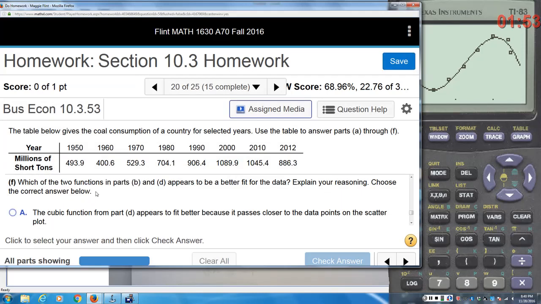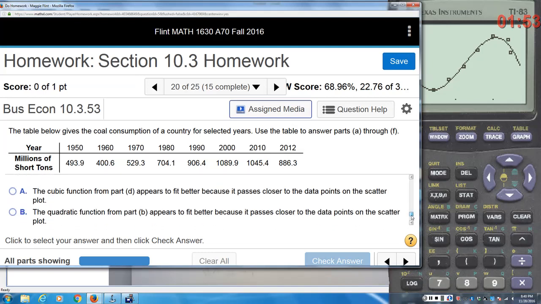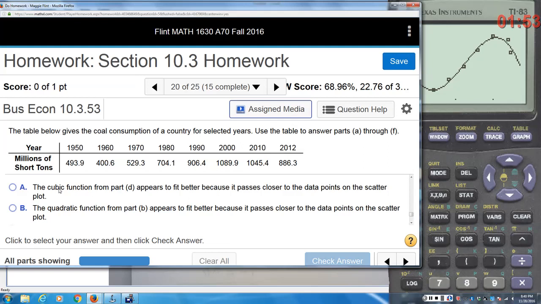And then it says, which of the two functions in parts B and D appears to be a better fit for the data, and explain your reasoning. The cubic function appears to fit better because it passes closer to the data points, which it does, on the scatter plot. The quadratic did not fit well.